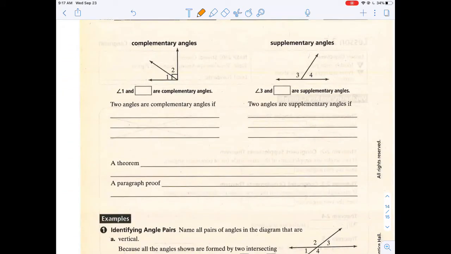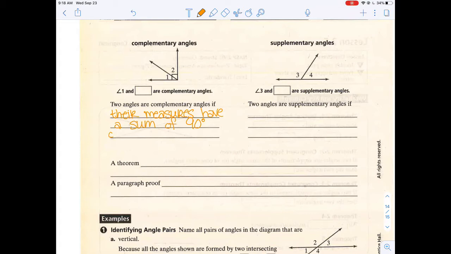Okay. Now, we've got complementary angles. And then we talked about this a little bit in the key concepts. Complementary angles are two angles that are complementary angles if their measures have a sum of 90 degrees.